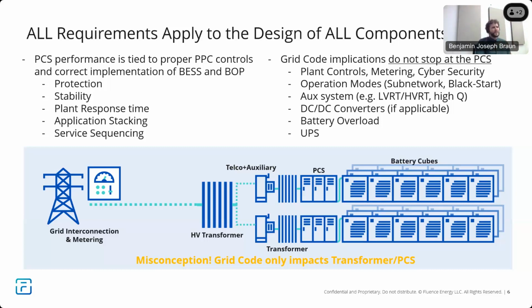So how do I combine all of these services on top of each other without fighting? And then on the plant side, is my meter at my point of connection still sufficient? Is it still fast enough? Is it recording all of the metrics that I need?